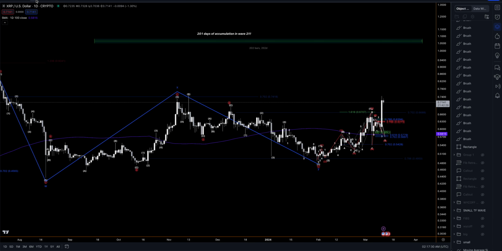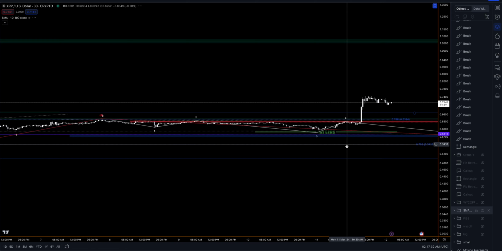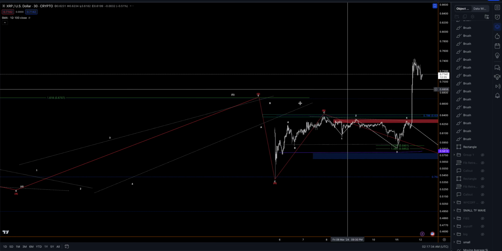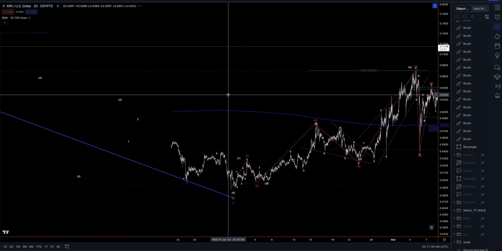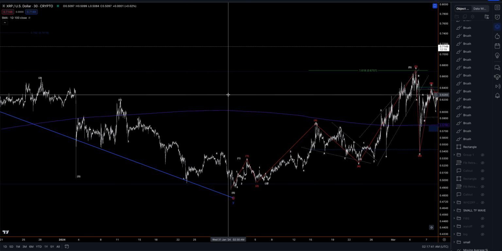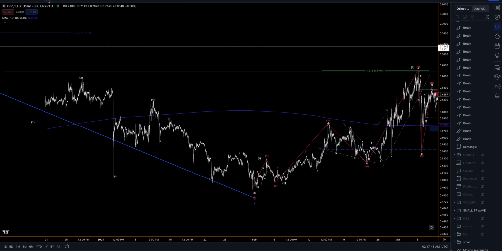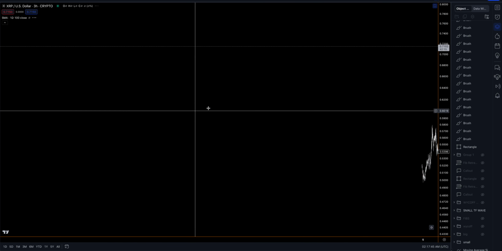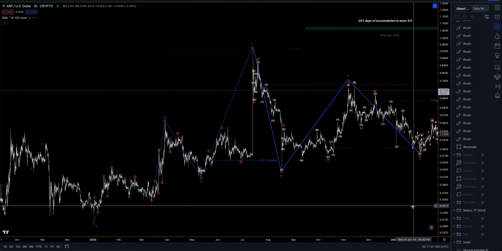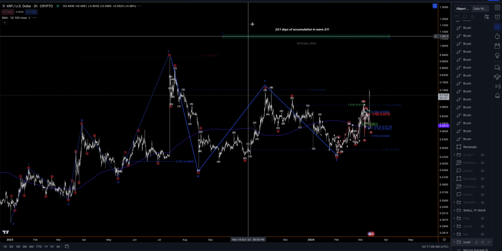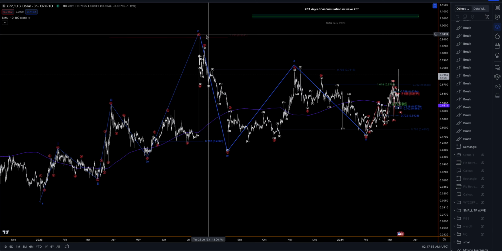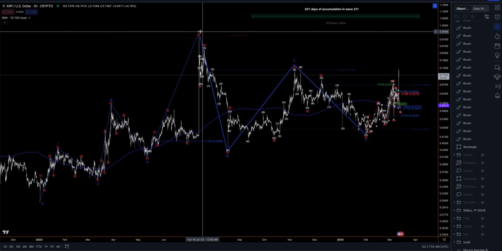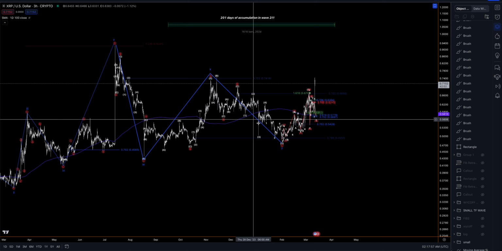Okay, so this is XRP on the 30-minute time frame. So if you hold XRP, there's absolutely nothing to worry about, because we've been in this wave 2 for over 200 days. So this is our wave 1 of our fifth wave. This is our wave 2.